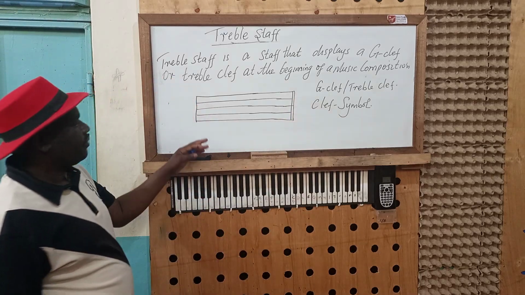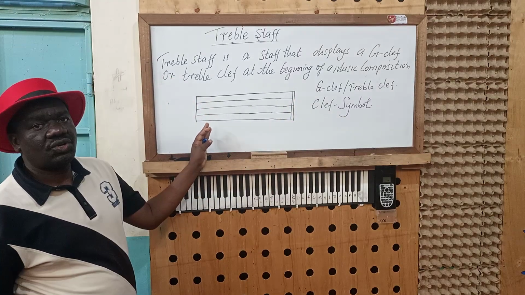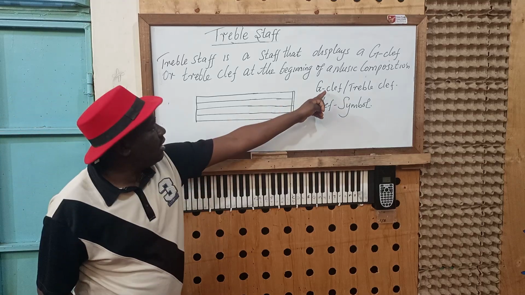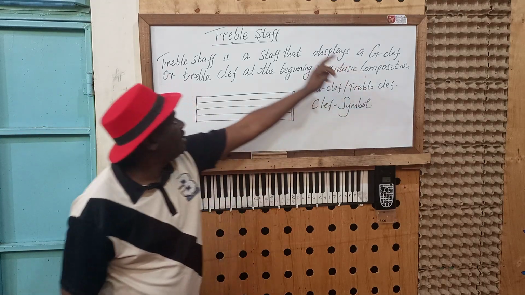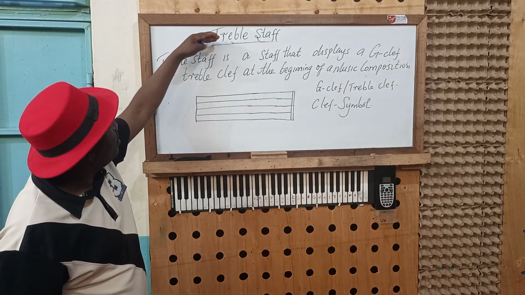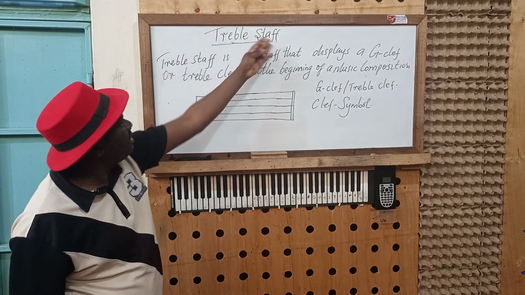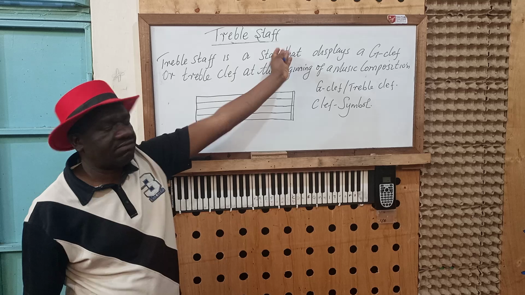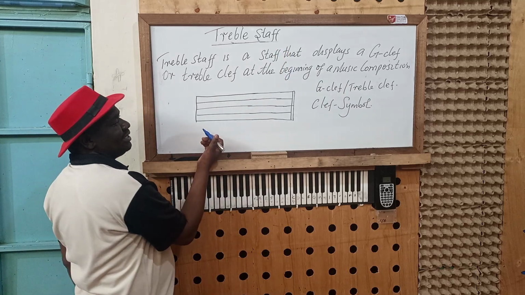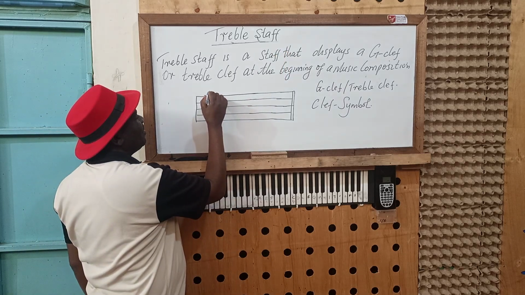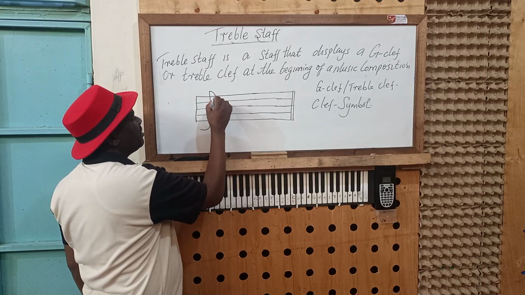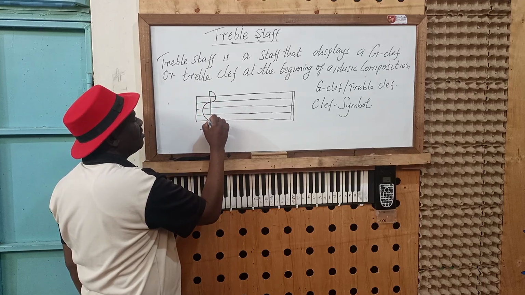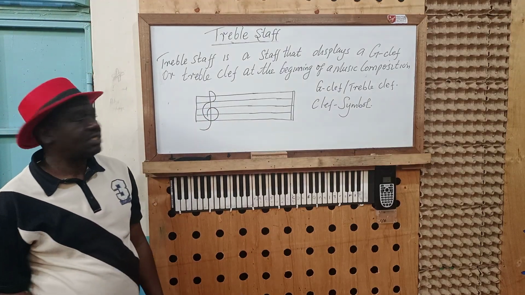Now, this is how we draw the G clef, treble clef, and when you combine a treble clef and staff, it gives what we call treble staff. So it is quite complicated as you start, but it will be very simple as we move on. That's how we draw it.